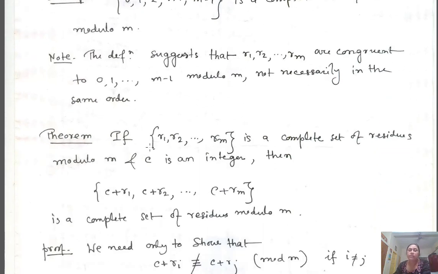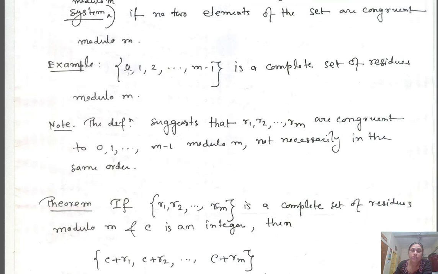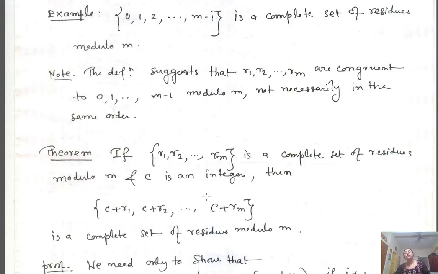If you have a complete residue system modulo m and you pick any integer C, then C plus r1, C plus r2, up to C plus rm is also a complete residue system modulo m. C is any integer. So if you add any constant to all the elements of a complete set of residues modulo m, the resulting set is also a complete residue system modulo m.